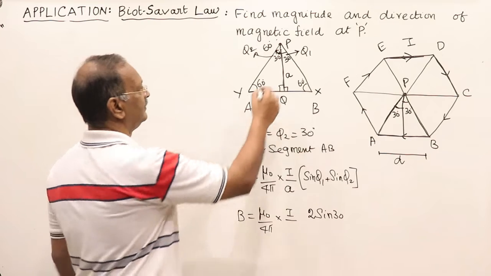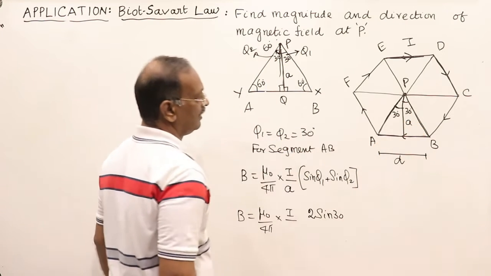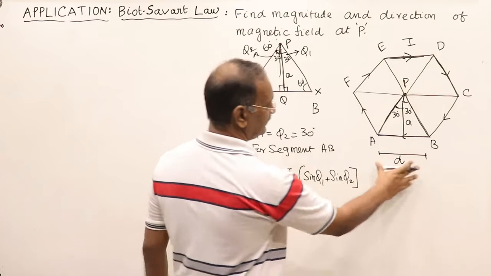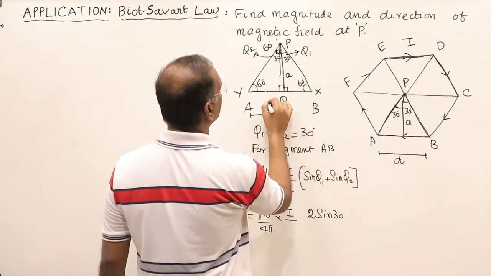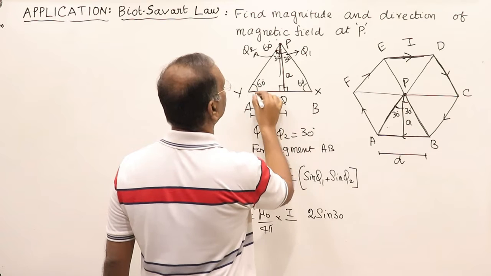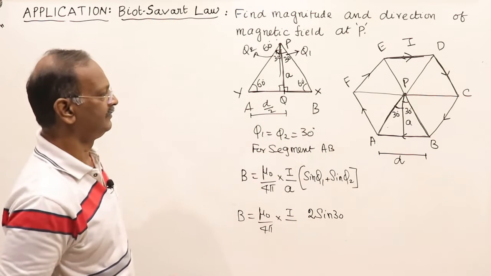So we have to find this distance. This distance, which is A. If this is d, what is this distance? This distance will be d by 2. So we got it now.